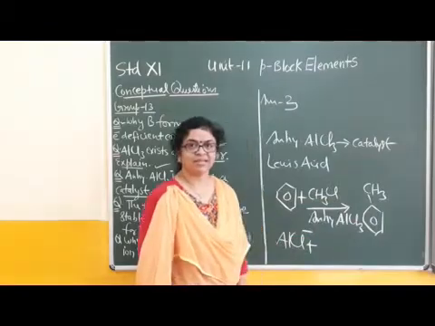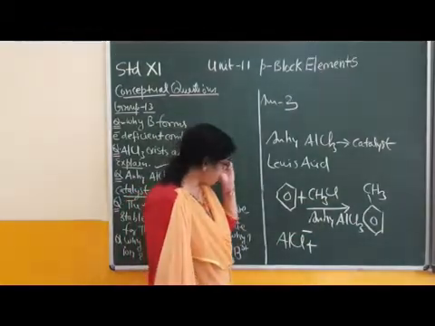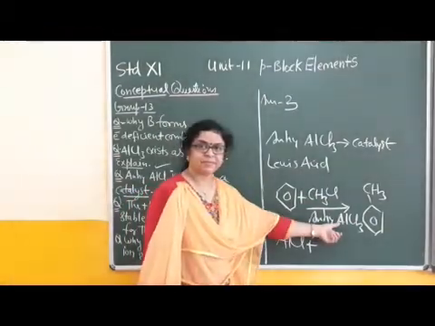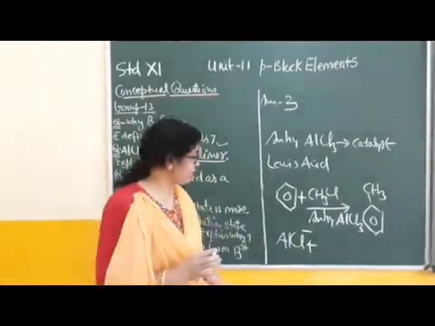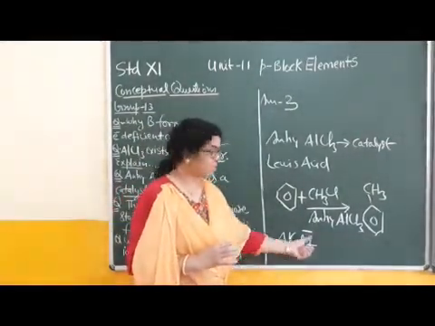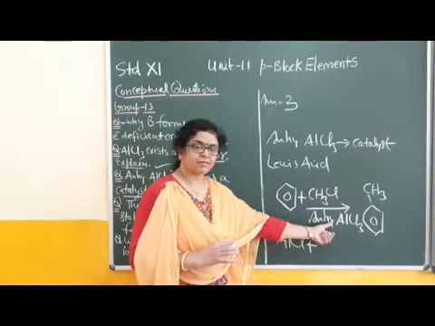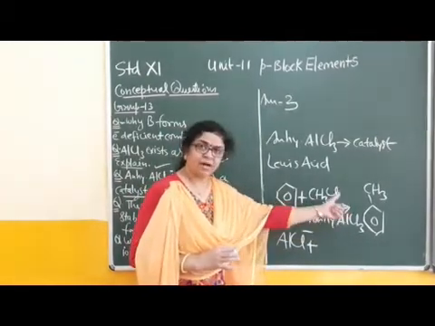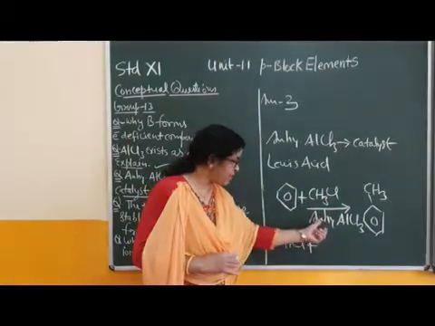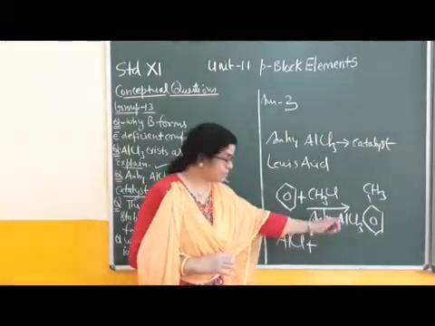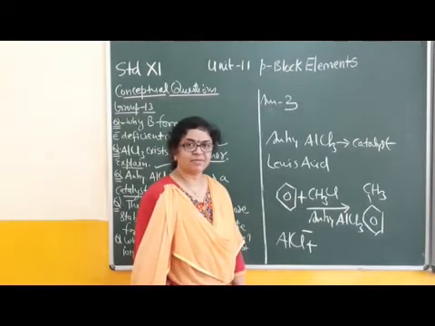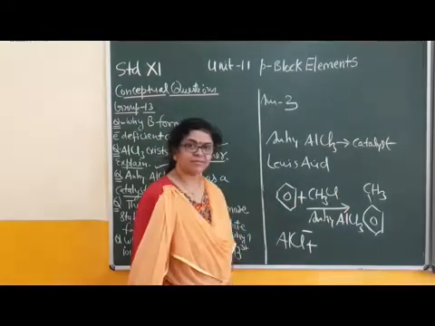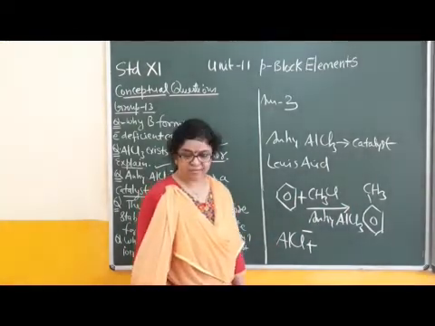Now children, this is the catalyst, AlCl3, which is not used up in the system. This alkylation process occurs in the presence of anhydrous AlCl3. In the absence of this, the process is not possible.